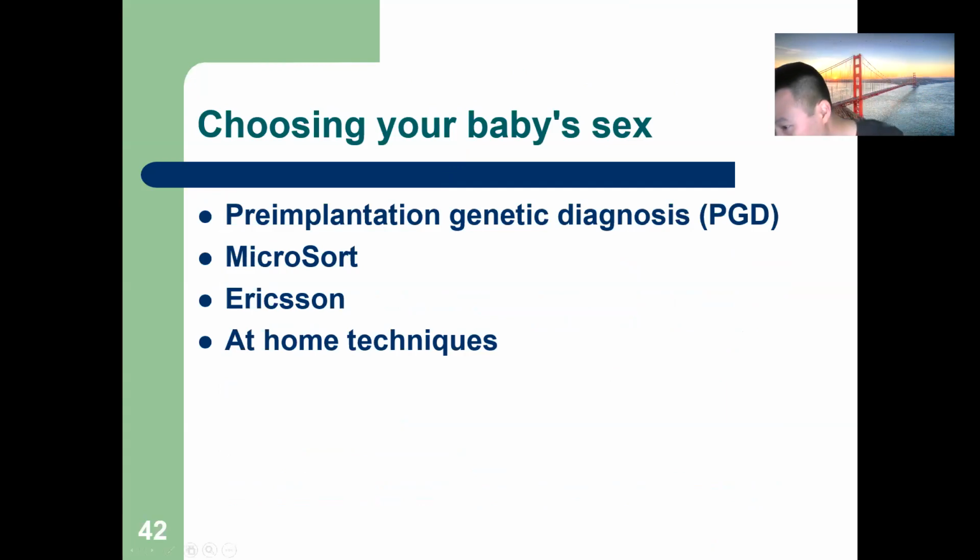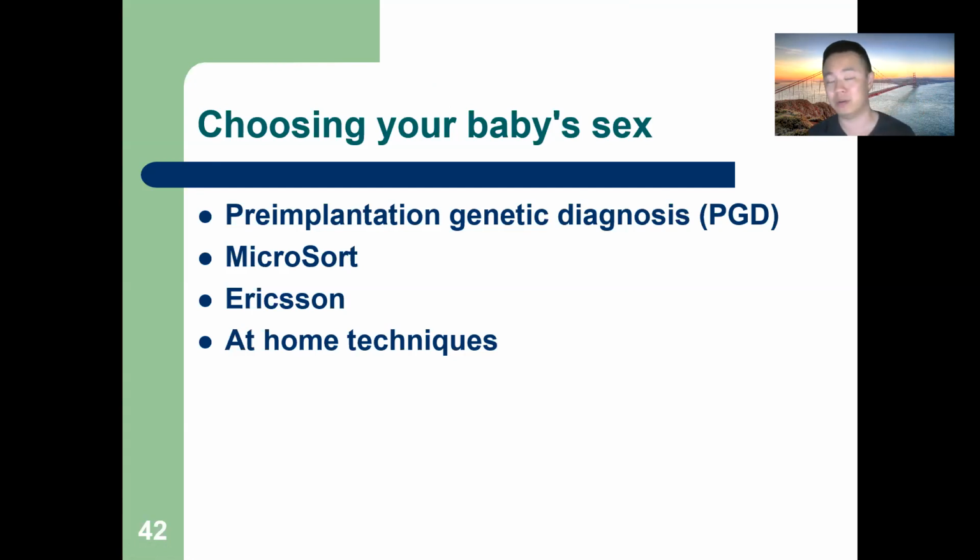Okay, choosing the baby's sex. There are many different methods to choosing the baby's sex. I'm going to talk about 4 of them here. Now, once again, this is for academic purposes only. Please consult with your healthcare provider for the appropriate one that's for you if this is something that you're looking into.